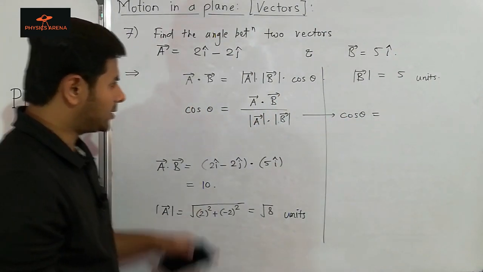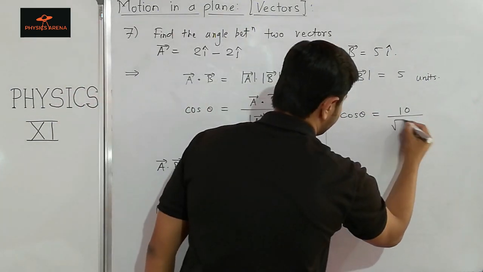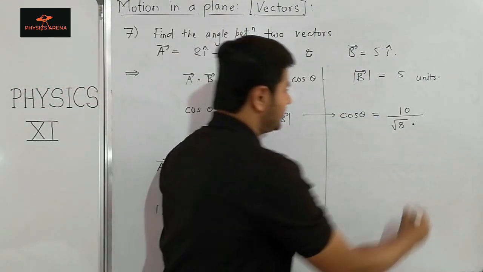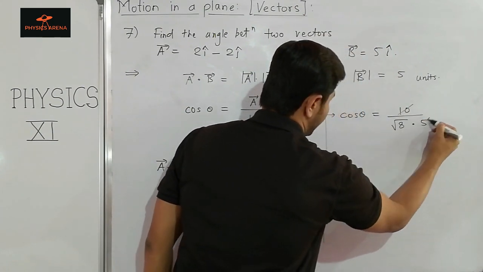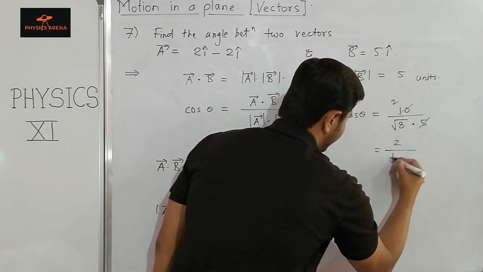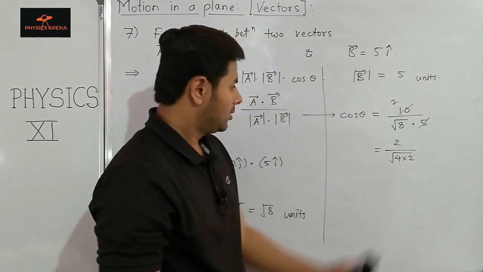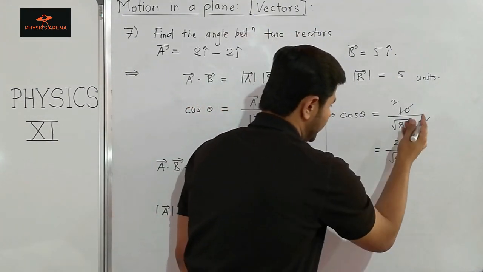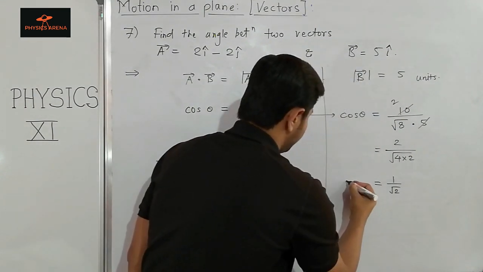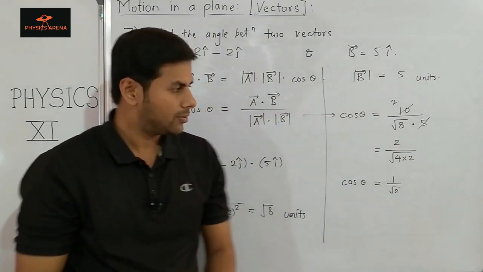A bar dot B bar is 10 divided by square root of 8 multiplied by magnitude of B, which is 5. 10 divided by 5 is 2, and we have 2 divided by square root of 8, which is square root of 4 times 2. So square root of 4 is 2, which gets cancelled with this 2 in numerator, so we have 1 divided by root 2. So cosine of theta equals 1 divided by root 2.